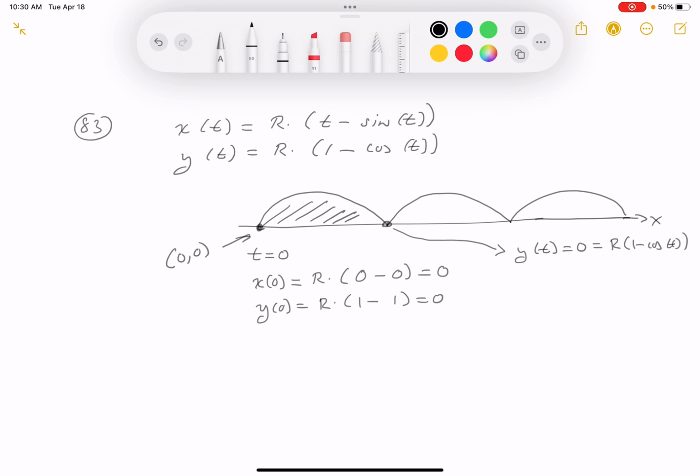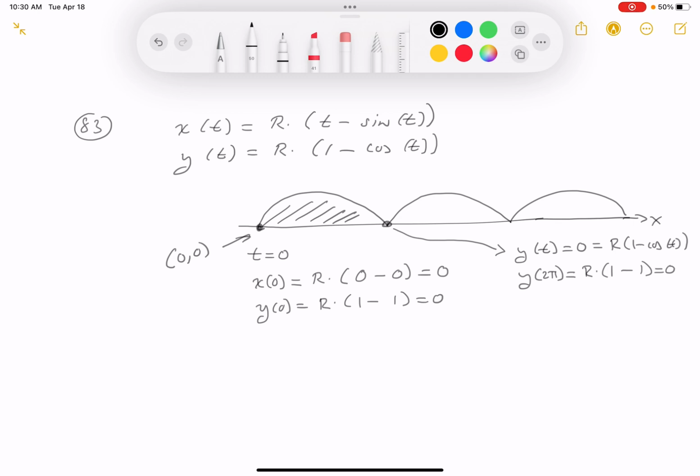Now, the only way that could happen is if the cosine of t is equal to 1, and the cosine of t equals 1 at 0, and the next time it happens is at 2 pi. So I'm going to say y at 2 pi. Let's write that down. It's going to be r times 1 minus the cosine of 2 pi, which is 1, so that's certainly 0.